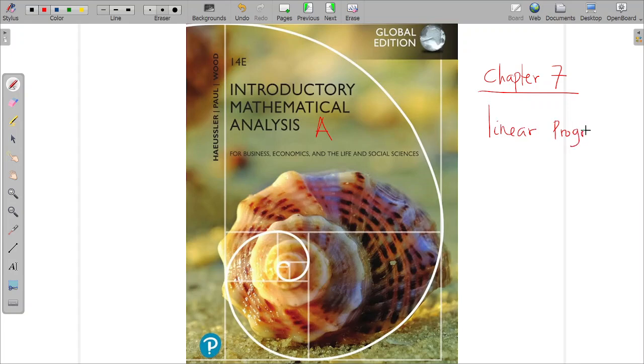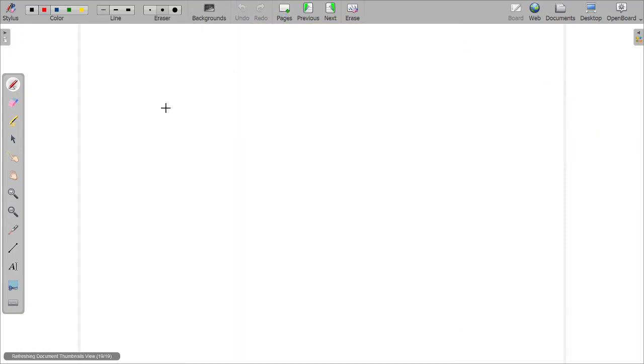Now we started linear programming where we have the formulation like this: maximize z equals 4x plus 2y. I'm just taking an example, not exactly like the one we did before.